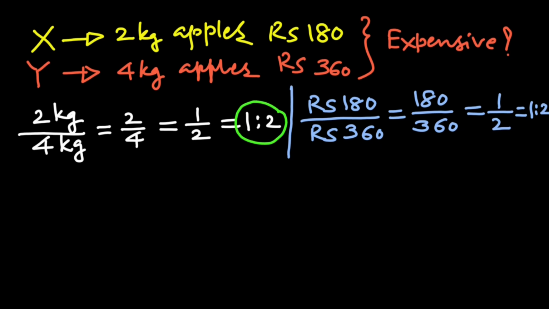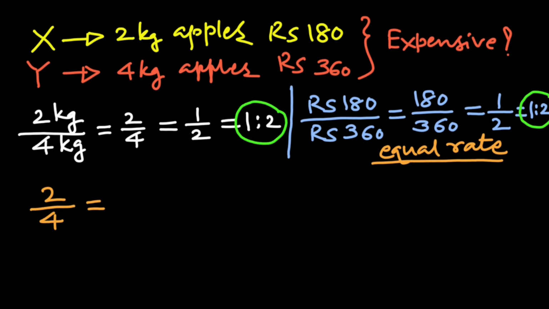Since the ratio of weights equals the ratio of cost, we can say that X and Y bought the apples at equal rate. So we write 2 by 4 equals 180 by 360.